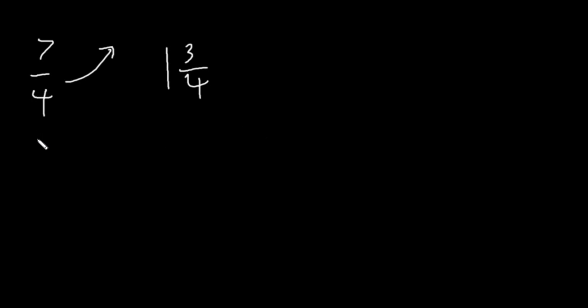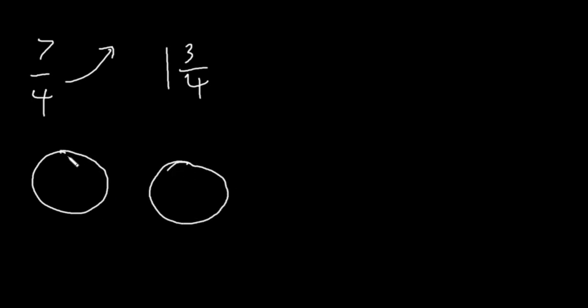And here, let's say we wanted to represent this pictorially. I'll just divide these circles into fourths. And then I'll simply count how many fourths, right? We have 7 fourths here.